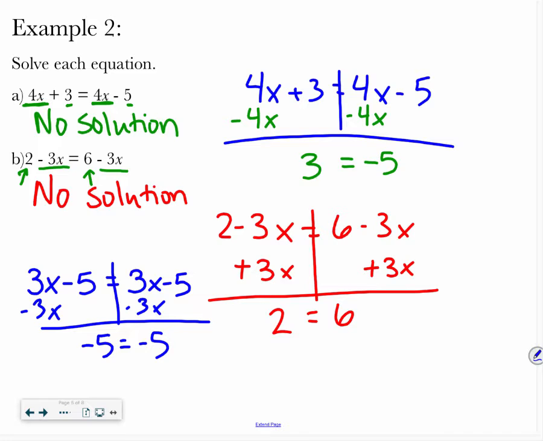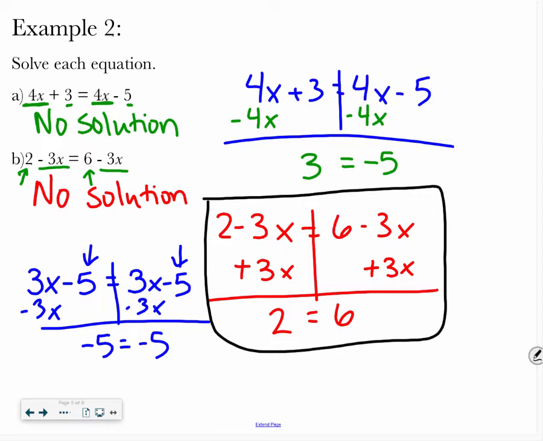That is a solution, okay? So you need to make sure that these two numbers that aren't the variables are different in order to get your no solution. But when in doubt, you can always solve it like this.